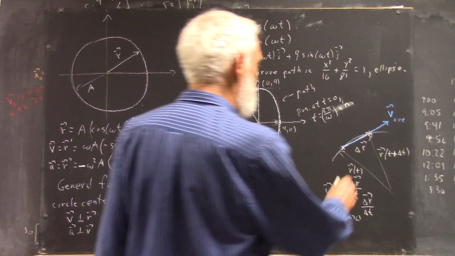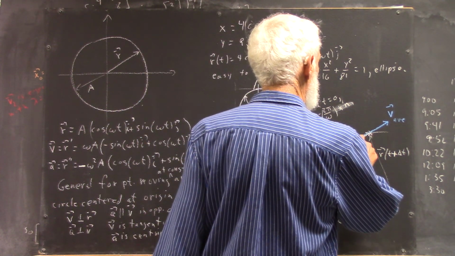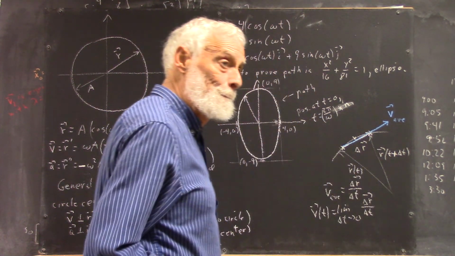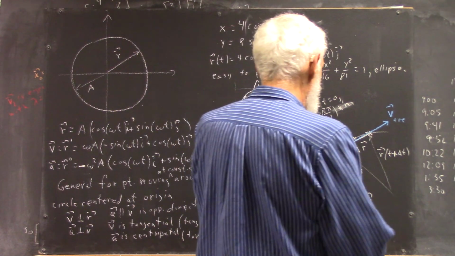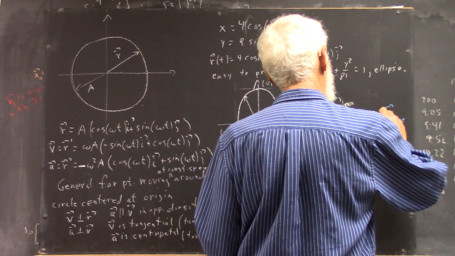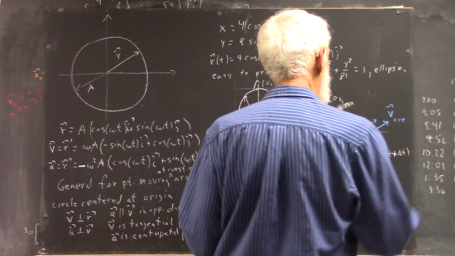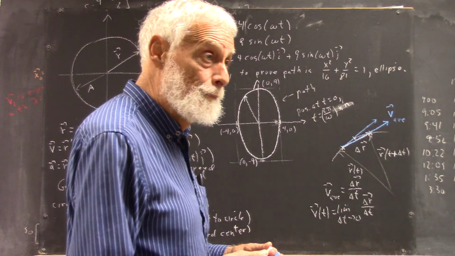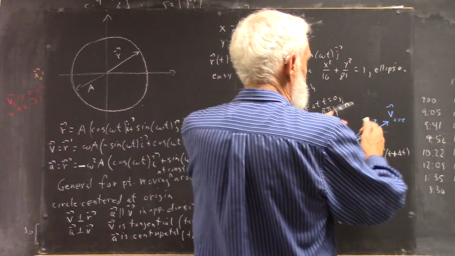What's that do? Well, shrink delta t, shrink it down to half, you have this point, right? So now your average velocity would be in this direction, probably about the same magnitude, okay? If it's a short delta t.